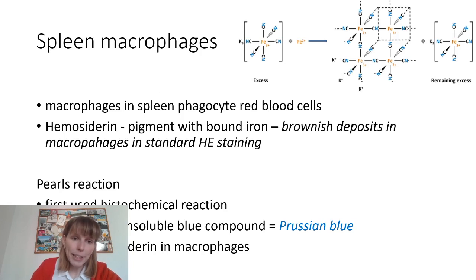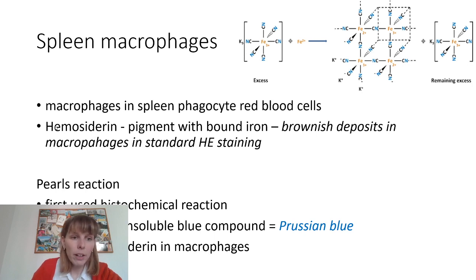And in the spleen, the remains of these dying erythrocytes are phagocytosed by macrophages. Because the macrophages eat the red blood cells, they accumulate a pigment called hemosiderin.